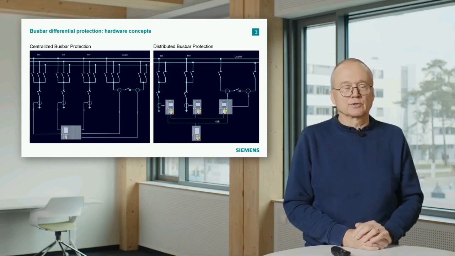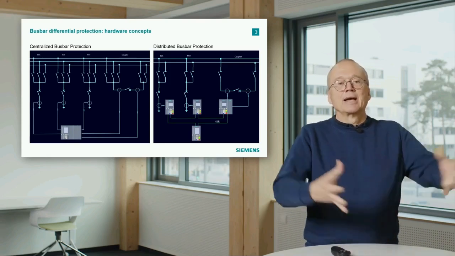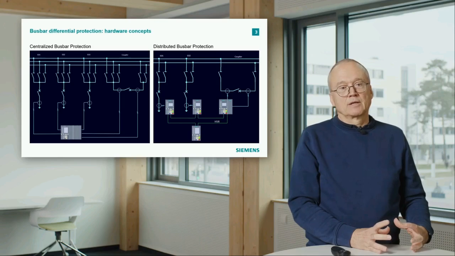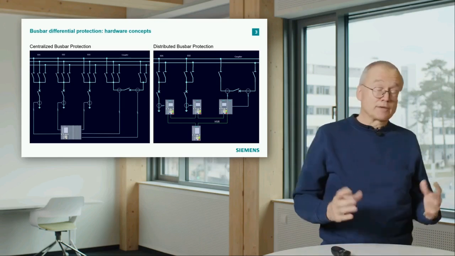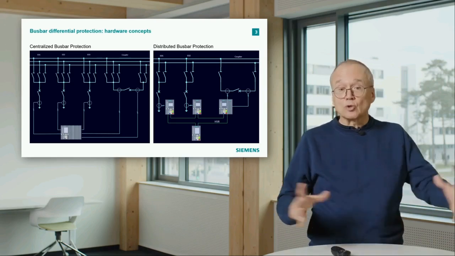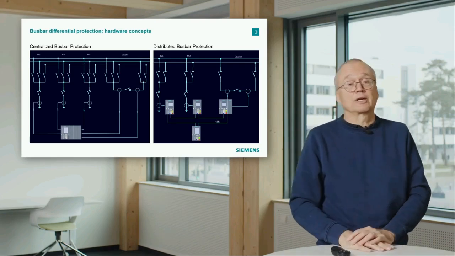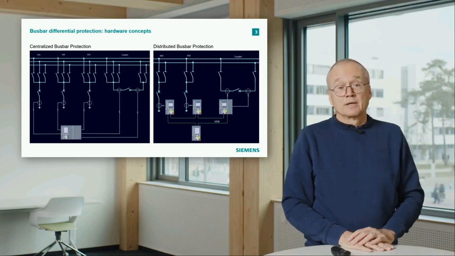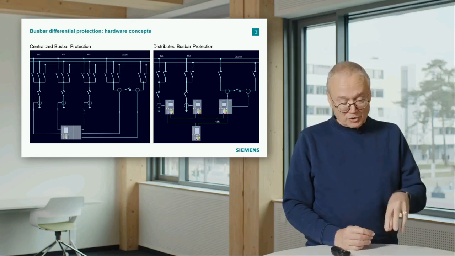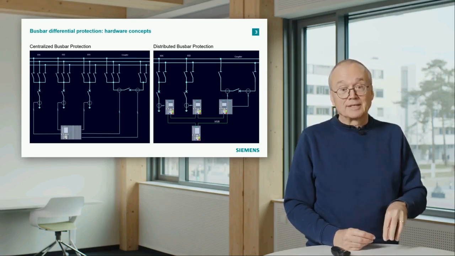In this case, it's even a triple busbar thing. Everything is wired to our single device. This makes sense for maybe smaller substations, especially for indoor, where the distances are not that high. That's called the centralized protection, because everything is wired to one central point.